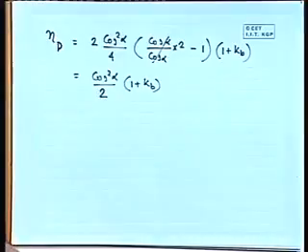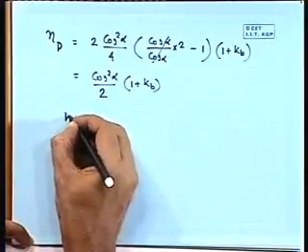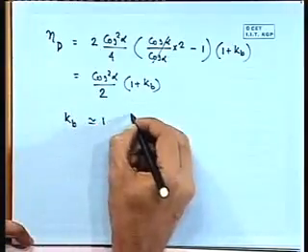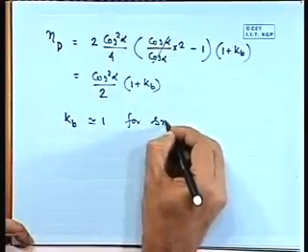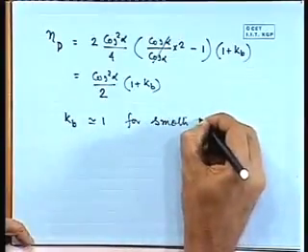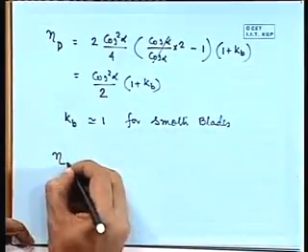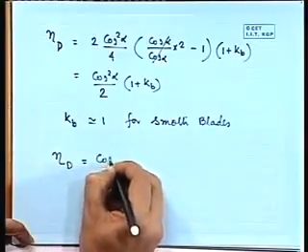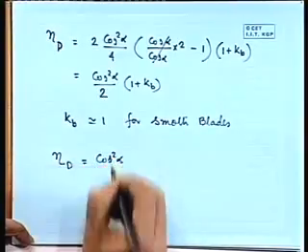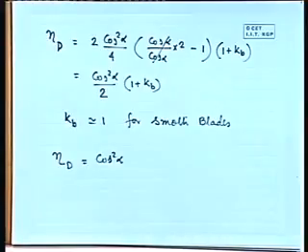Now, if the blade is assumed to be more or less smooth, then kb is equal to 1. Kb is 1 for smooth blade. And in that case, eta d is equal to cos square alpha. So, this will be the optimum efficiency of the blade passage.